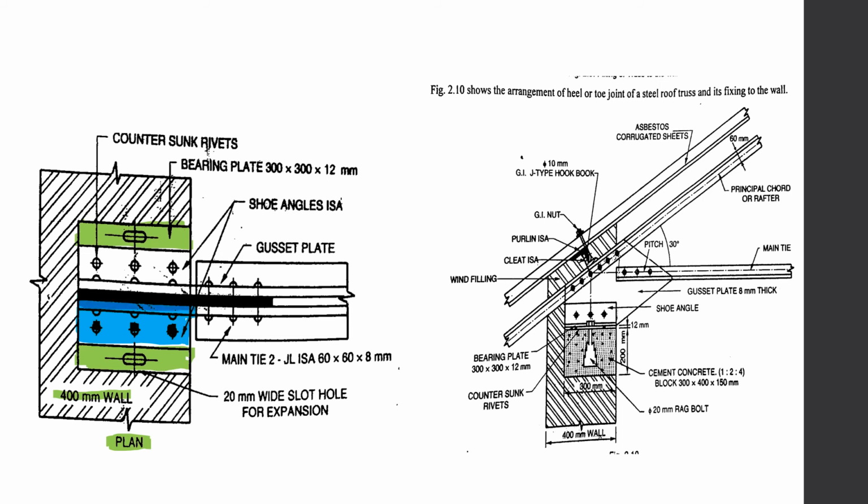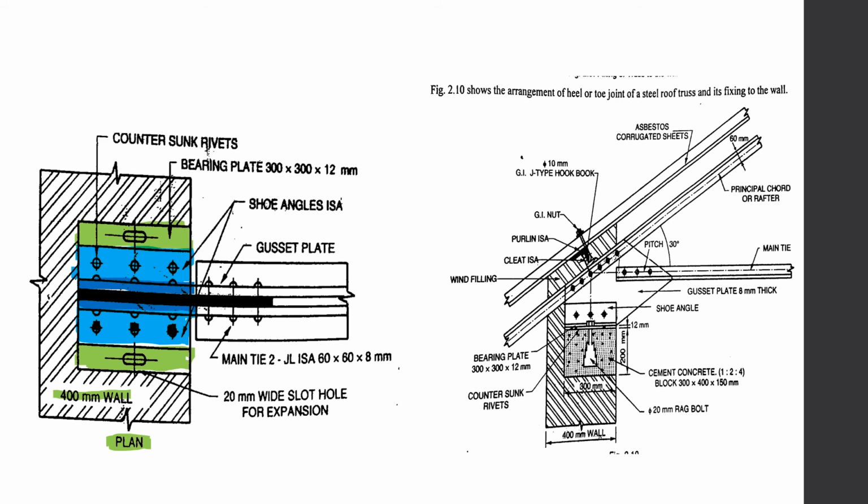So this is what you were seeing in elevation there. This is one cleat and this is the other cleat on both sides of the gusset plate. So these are the two cleats.